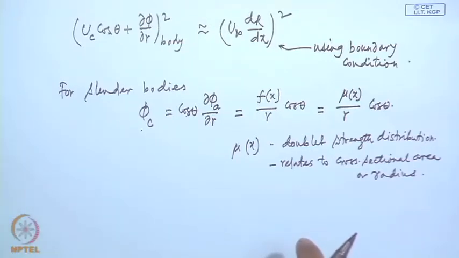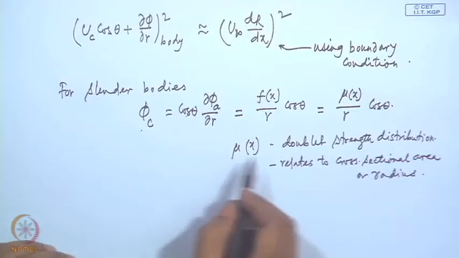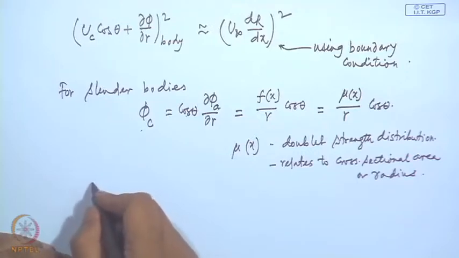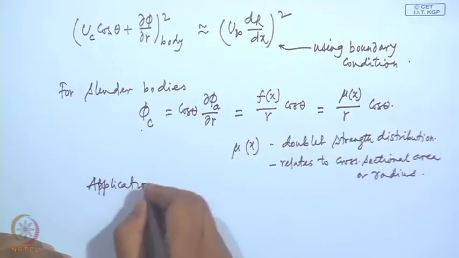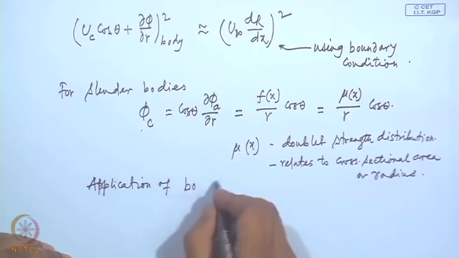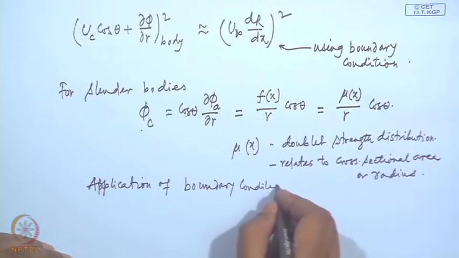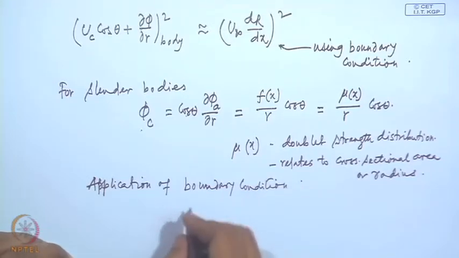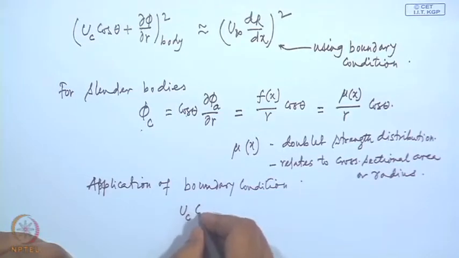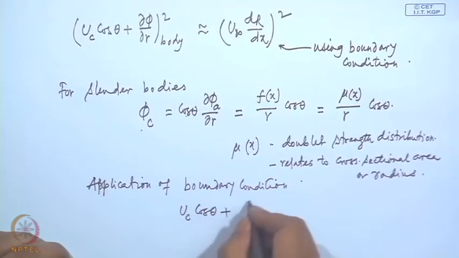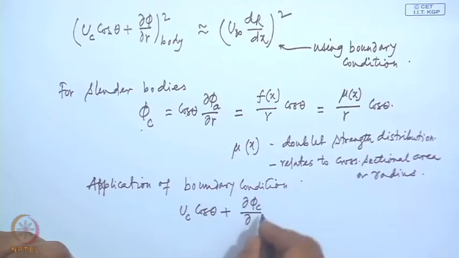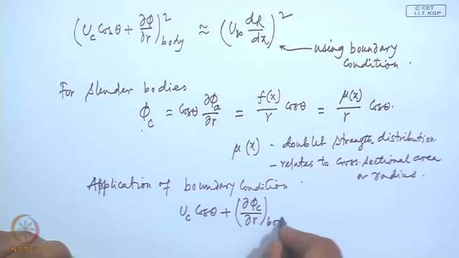Now, if we apply the boundary condition, application of boundary condition gives us that u c cos theta plus d phi c d r on the body is approximately 0.